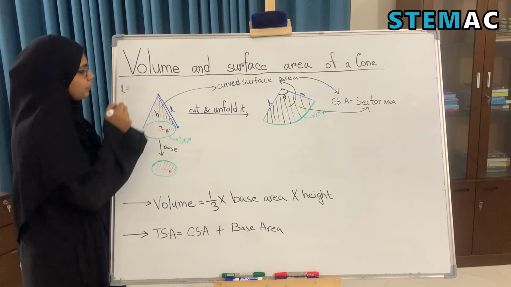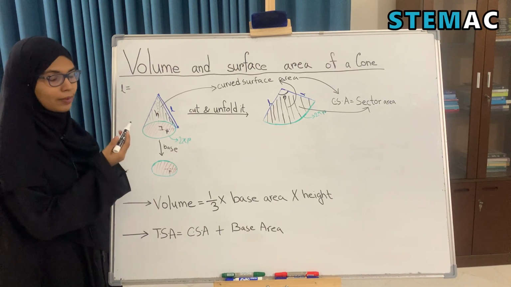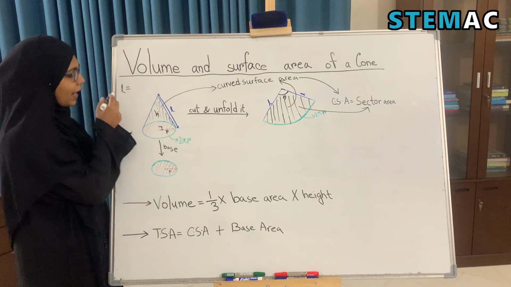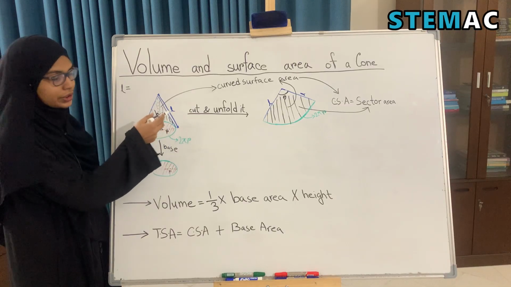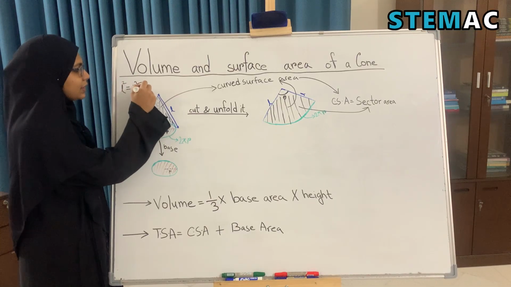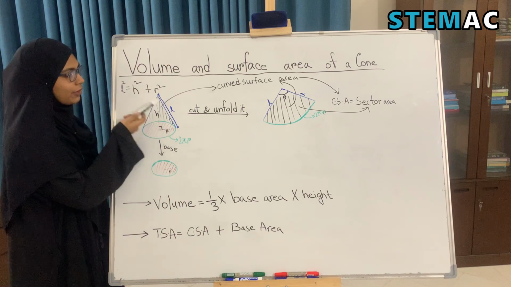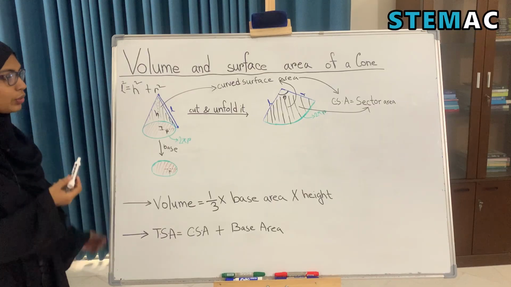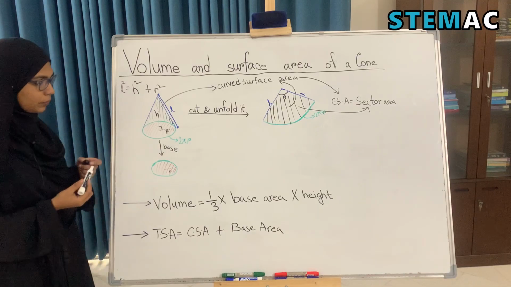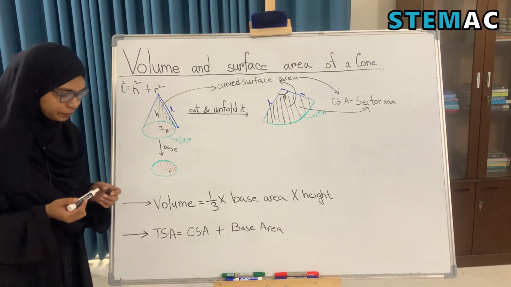So from Pythagoras theorem, we can write, L is the hypotenuse, so L square equals h square plus r square. So if I know the height of the cone and the radius of the base of the cone, we can find the slant height of the cone.